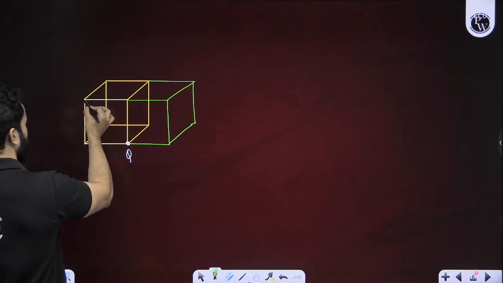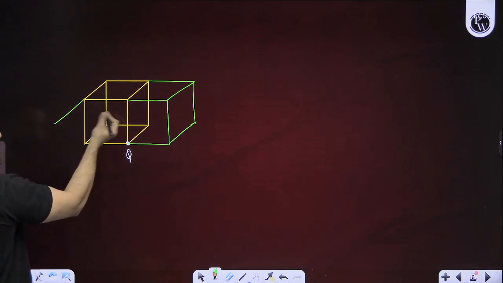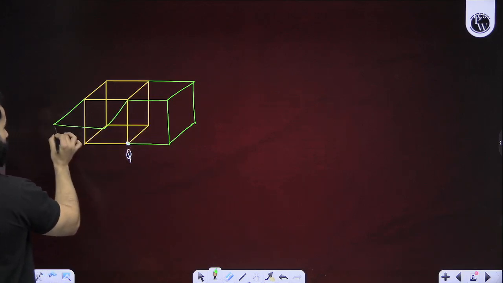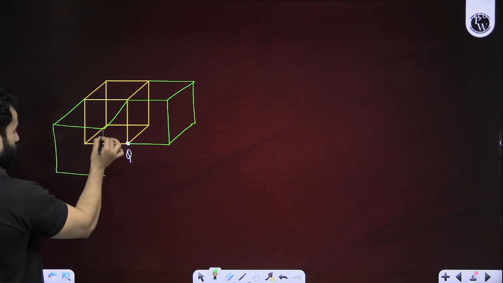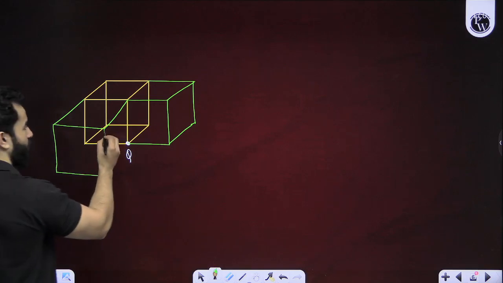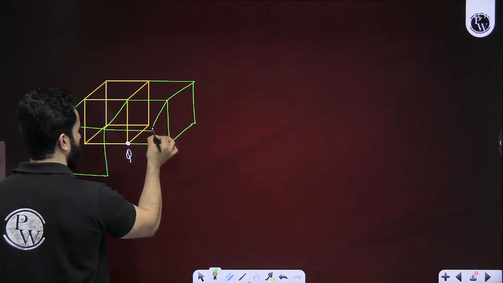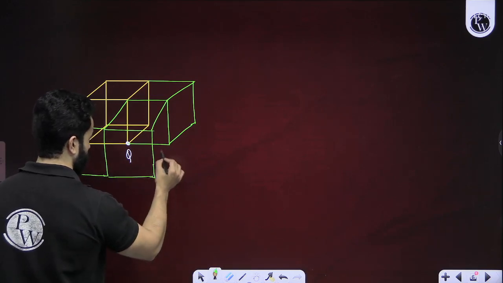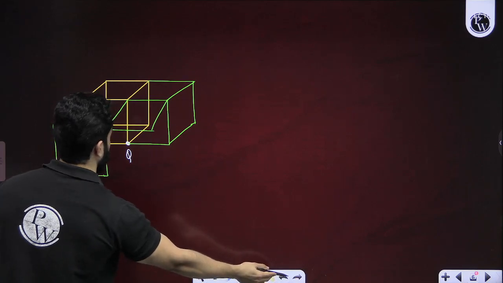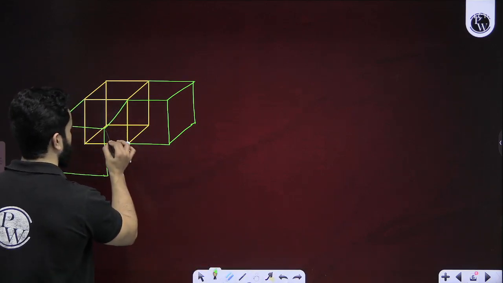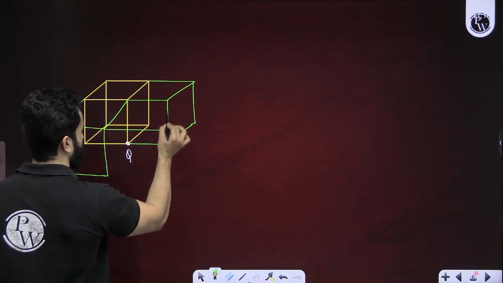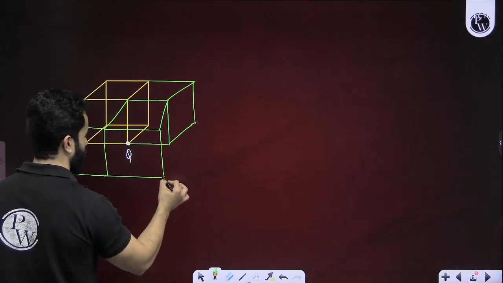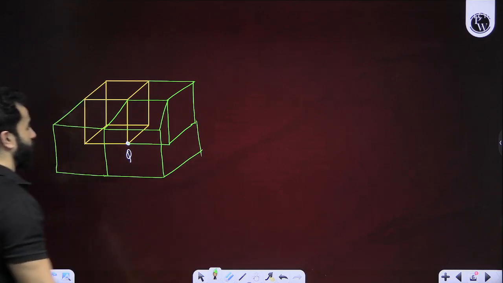Now we are going to draw another cube in front of this, and then another cube in front of this one. Hopefully you are understanding it.